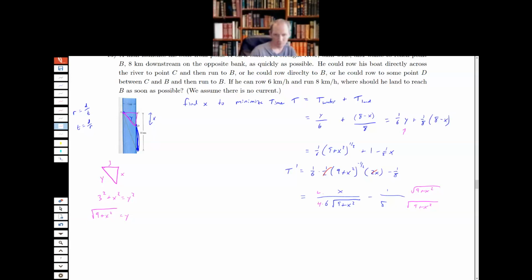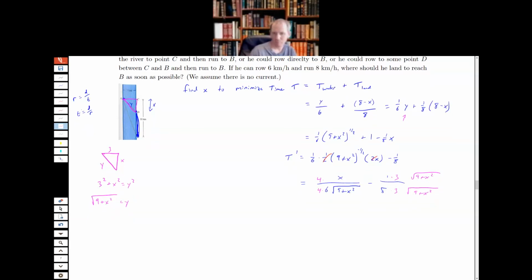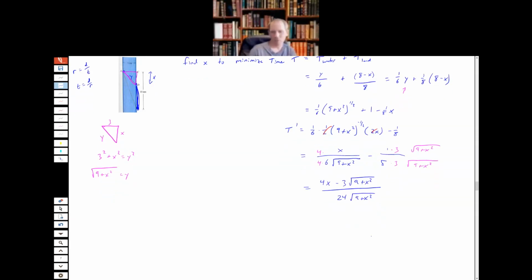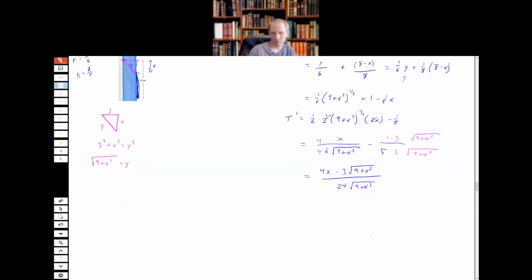So I need an extra factor of 4 here and an extra factor of 3 here. So we have 4x minus 3 square root 9 plus x squared over both of these, 4 times 6, 8 times 3, they're both 24. Okay, so that's our nice, neat common denominator.